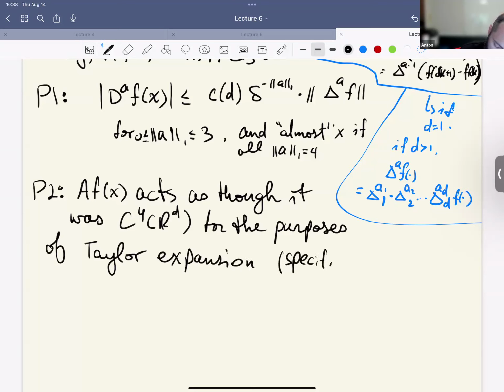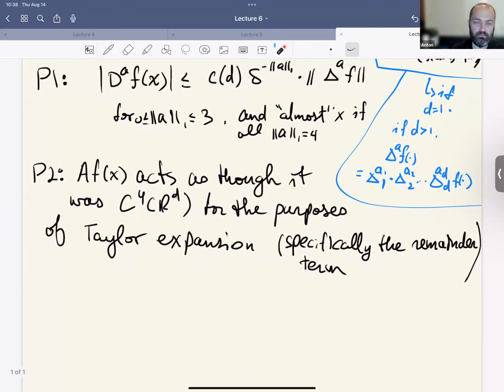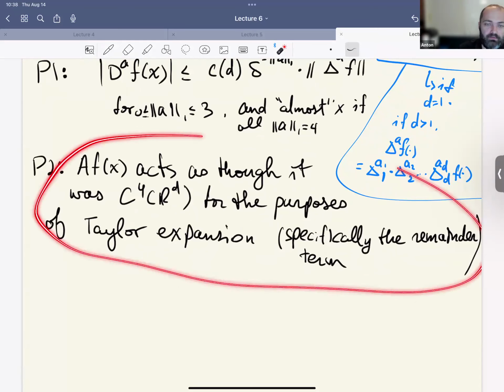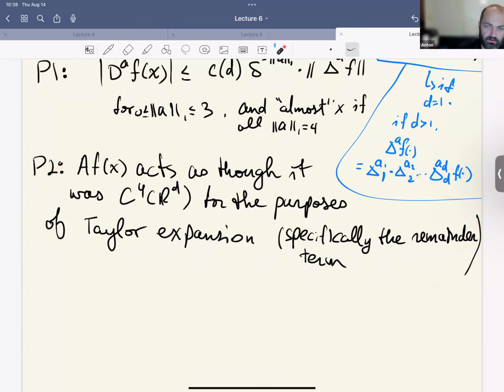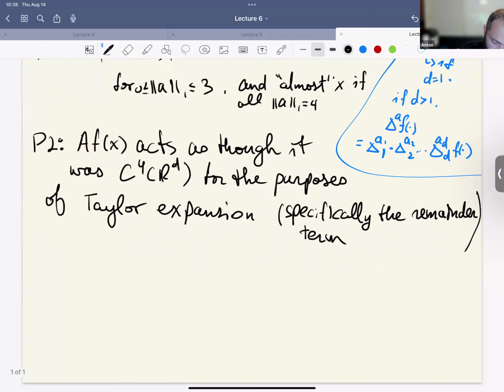Specifically, the remainder term. This is not the precise definition, but if you just focus on the definition, you may lose sight of the bigger picture. And the bigger picture is that you can expand Af of x to a 4th order, even though it's not technically C4.